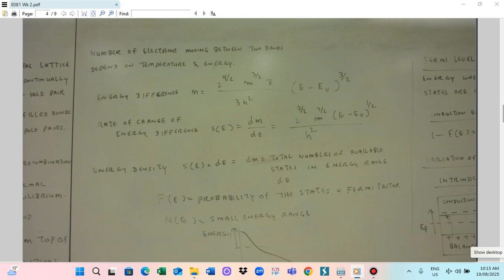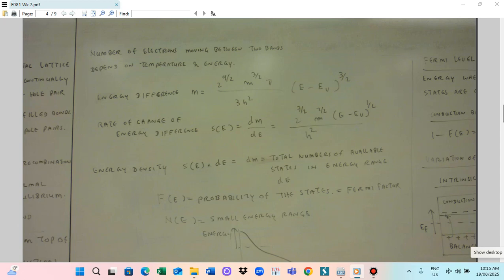So energy density. This means SE multiplied by DE. This means the total number of available states in the energy range. So this means that DM.